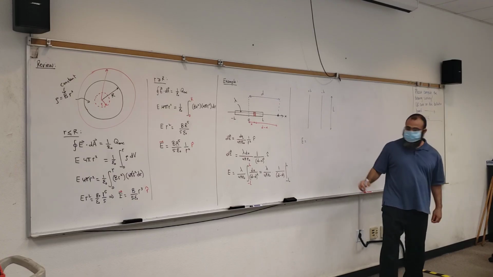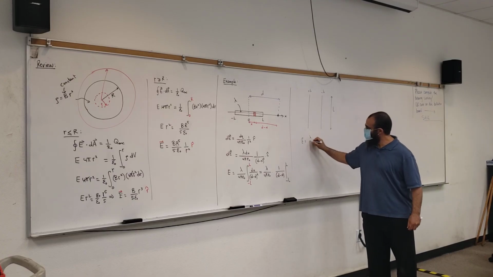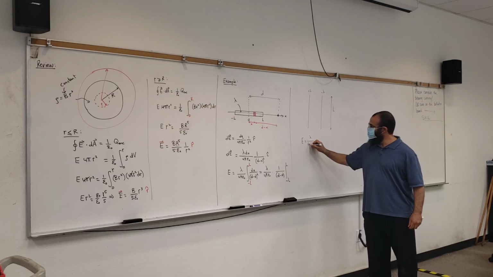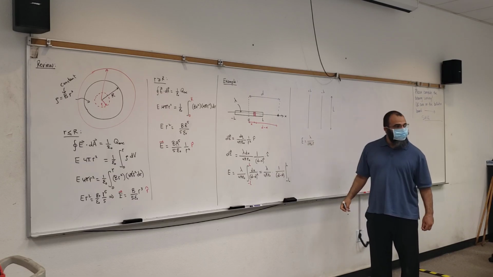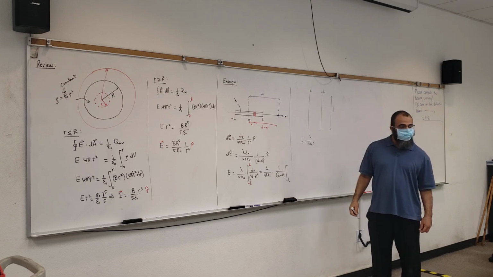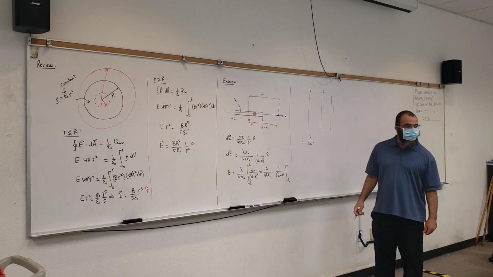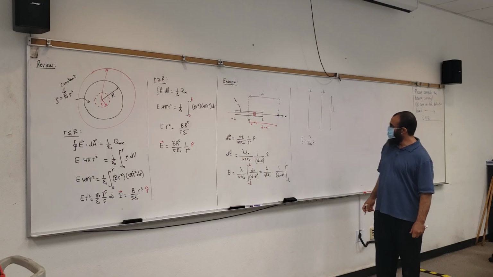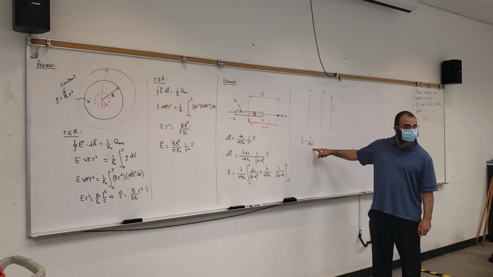Maybe lambda over 2 pi epsilon naught r, times r hat. That's correct. So that's the electric field for an infinite line.